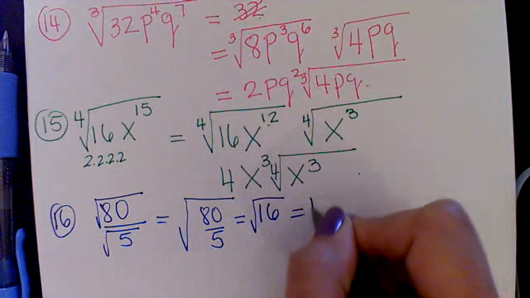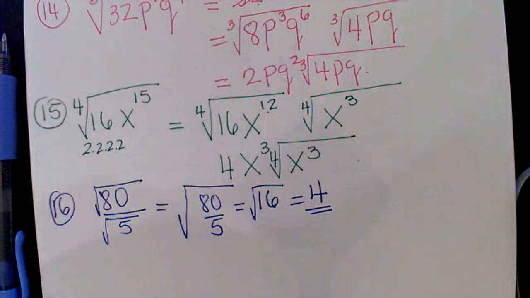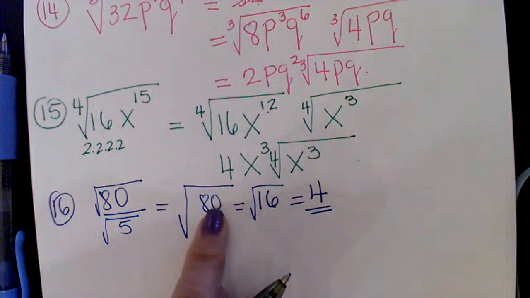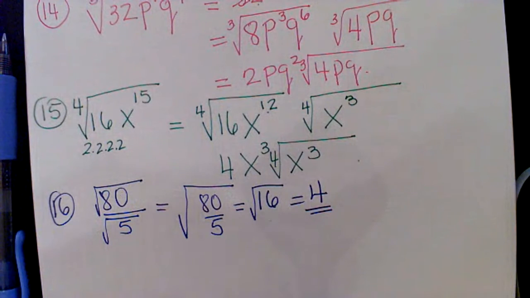What's the square root of 16? 4. So we went the other way around, right? Instead of coming from here this way, we did it this way. Okay? And I do have another one.